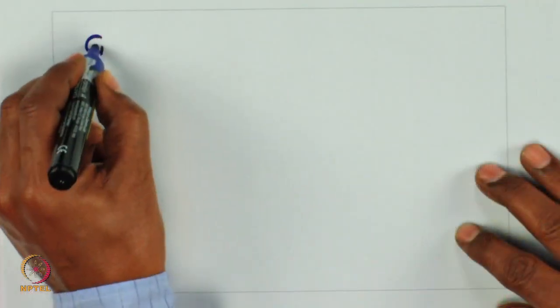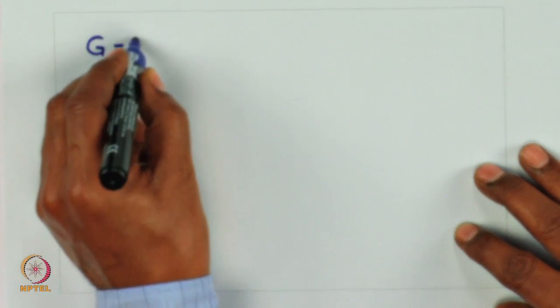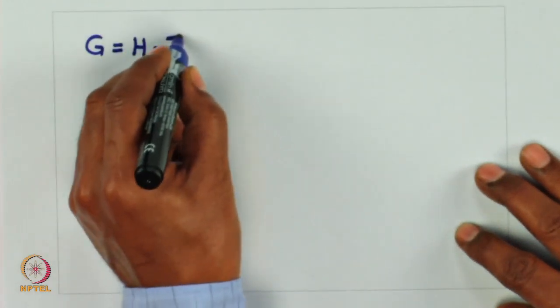Let us use each one of those state properties. Let me start with, since we are going to talk about Gibbs free energy today, let me next take up the Gibbs function. G is equal to H minus TS, we know that.